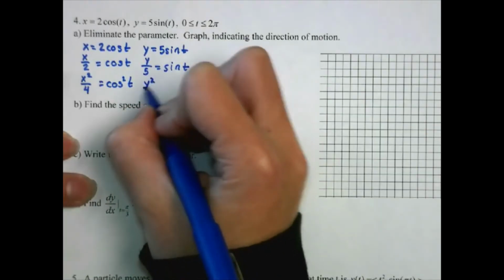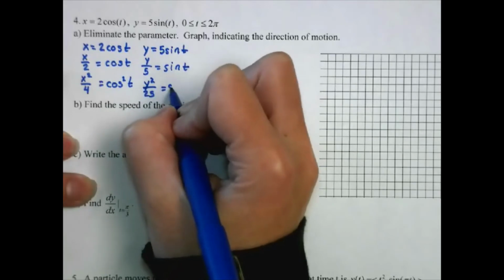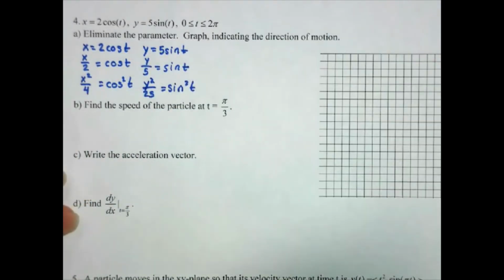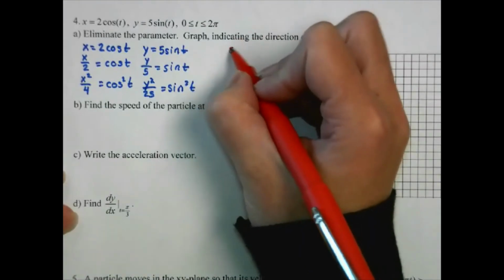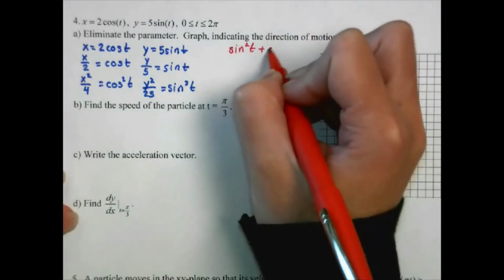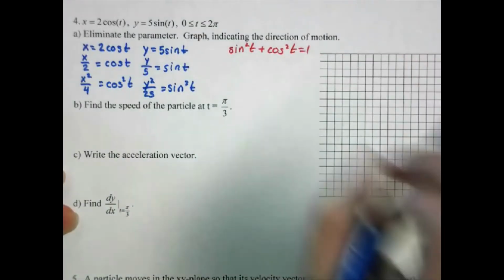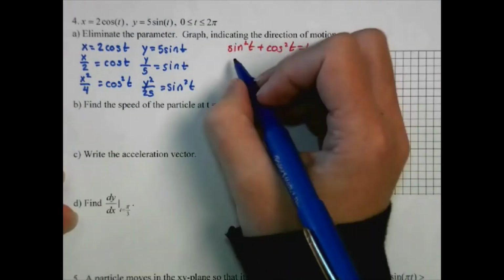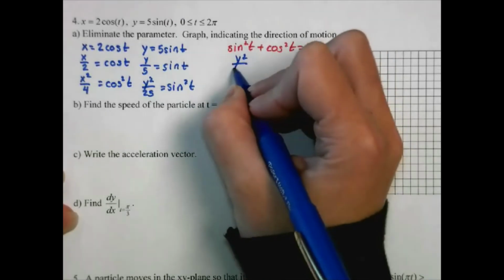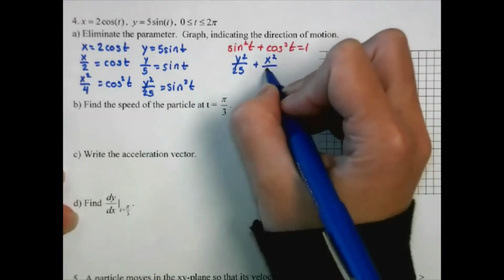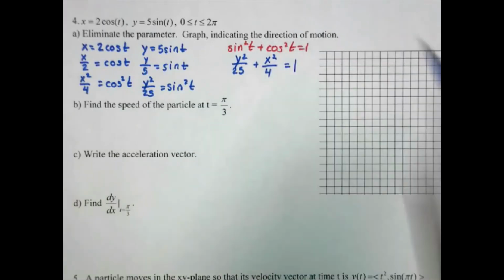So square that. Y squared over 25 gives us sine squared t. So sine squared t plus cosine squared t equals 1, which means y squared over 25 plus x squared over 4 equals 1.